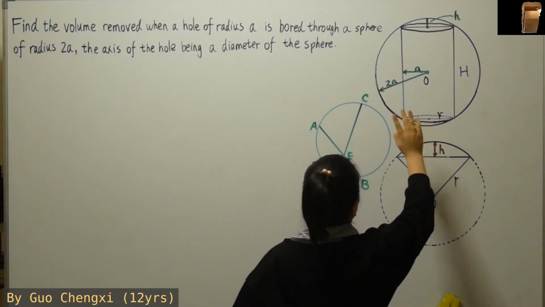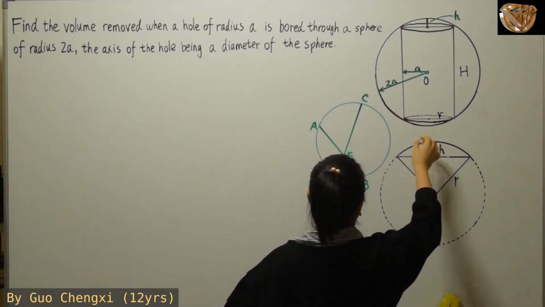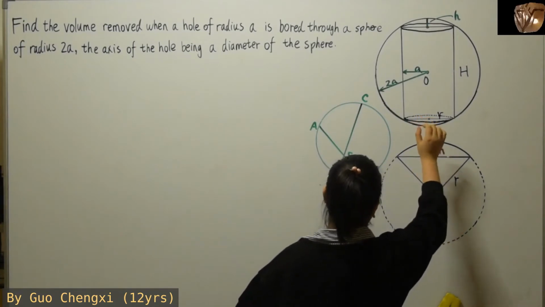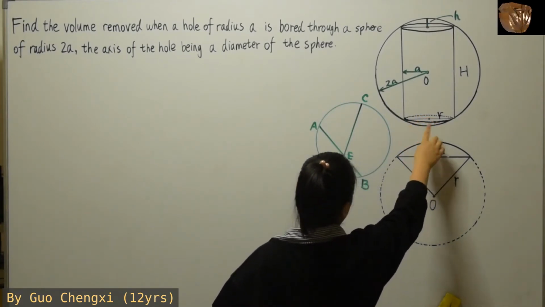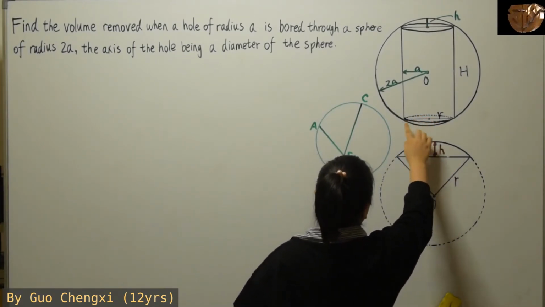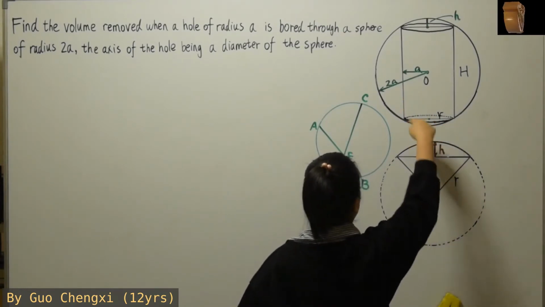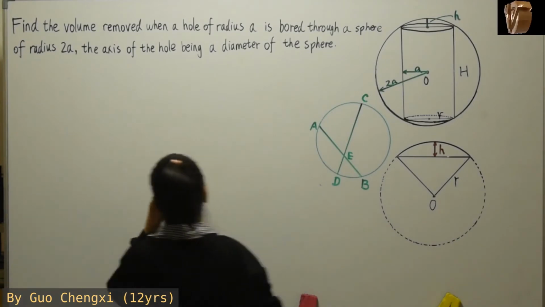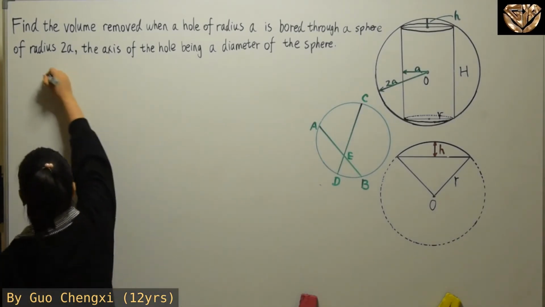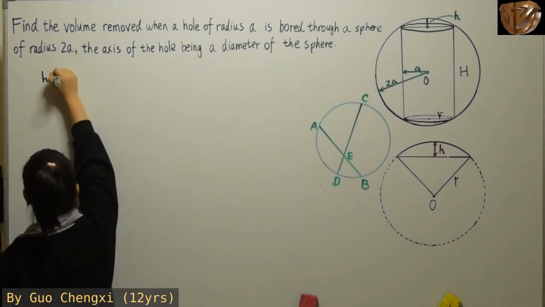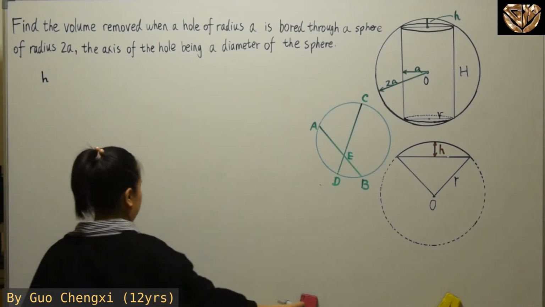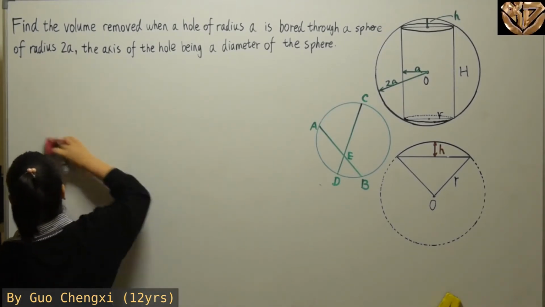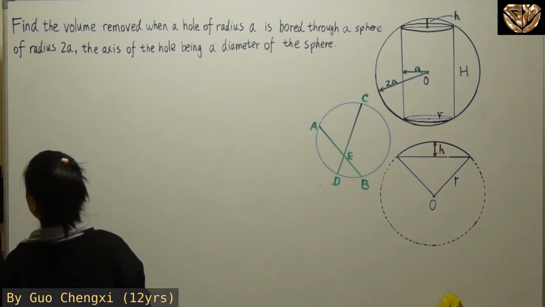For the cylinder, I'm going to find its volume later, because it's basically just pi r squared times the capital H. While the two caps first, but before I find either of them, I'll have to know what H is equal to, right? But how am I supposed to know what H is equal to?